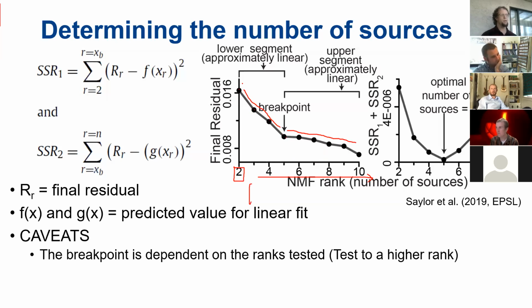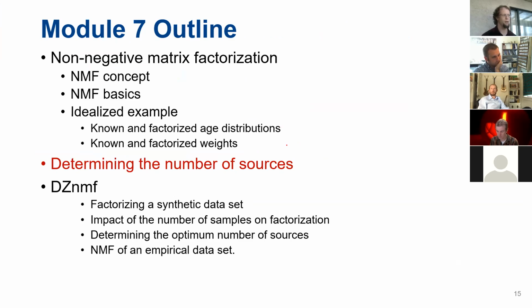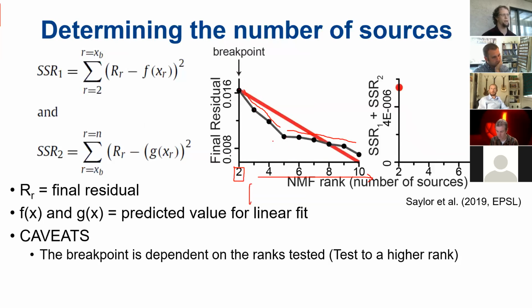Essentially what I do, once I've got these points, is a linear or a segmented linear fit to that plot, and I'll go back and hopefully this will run again. So, segmented linear fit, and each of those linear fits gives me a sum of squared residuals that plots over here. That would be the sum of squared residuals for the initial red line.